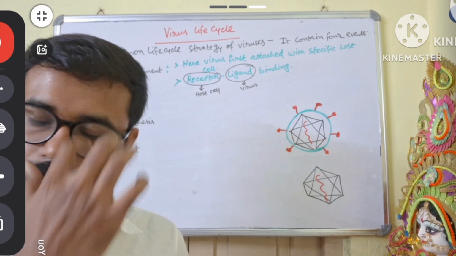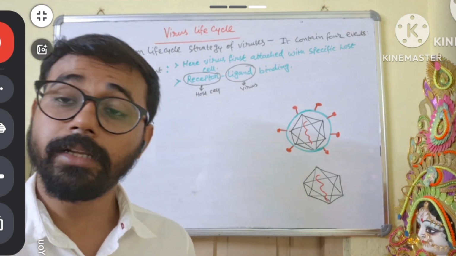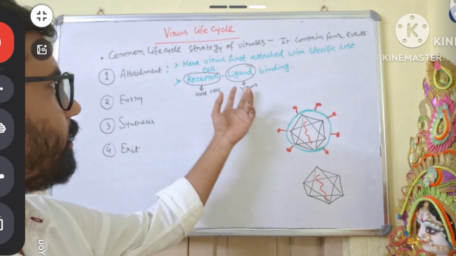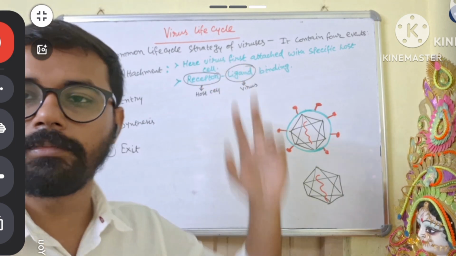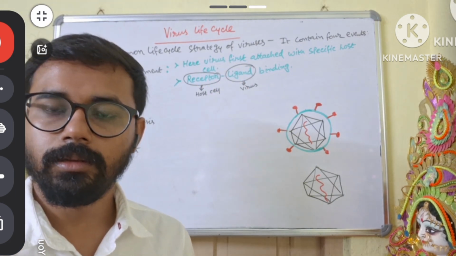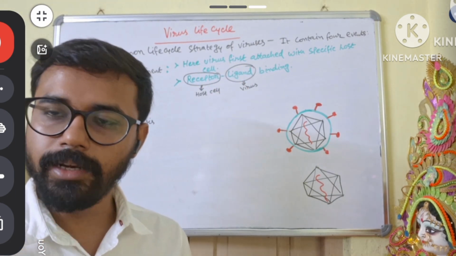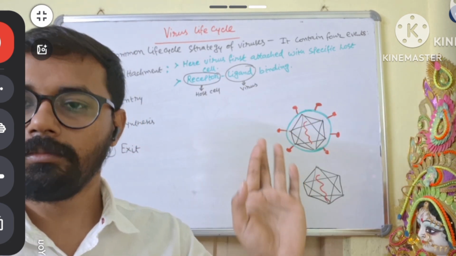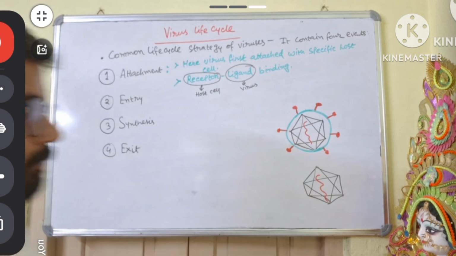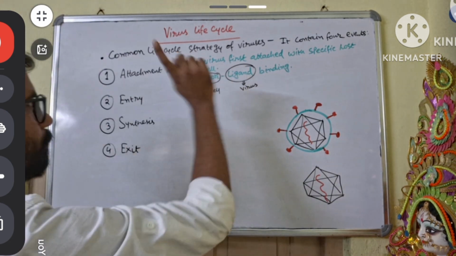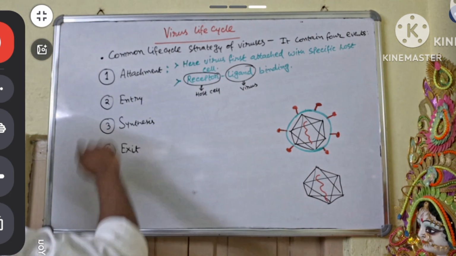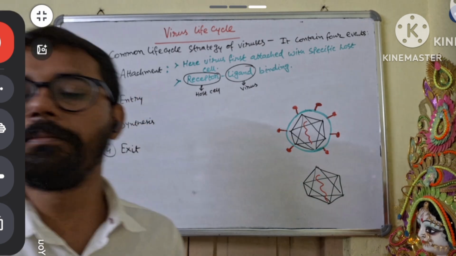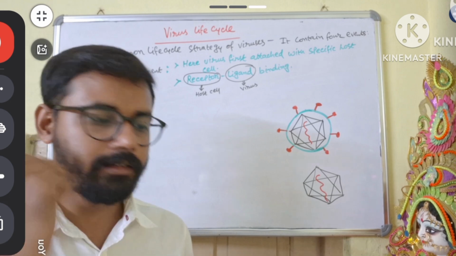So for a particular virus, there is a particular receptor and a particular ligand for that receptor. The virus contains the ligand and the host cell provides the receptor. That binding is important for the attachment process, and after attachment, event number 2 starts. That means the entry process. Attachment is done, then entry starts.